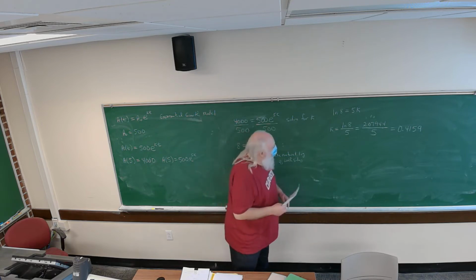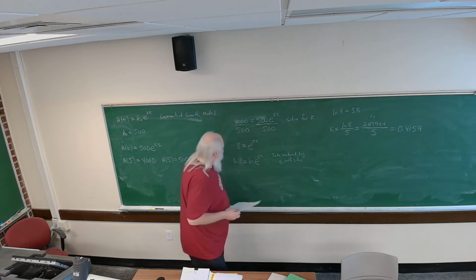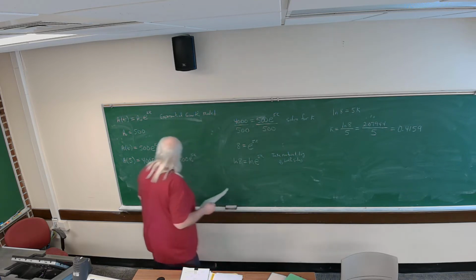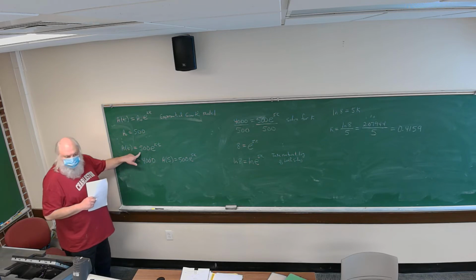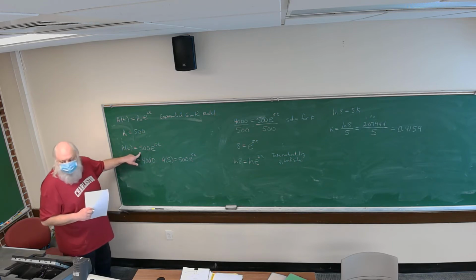So now we can put 0.4159 in for k over here. Okay? And then we'll have the exponential growth model for this problem.